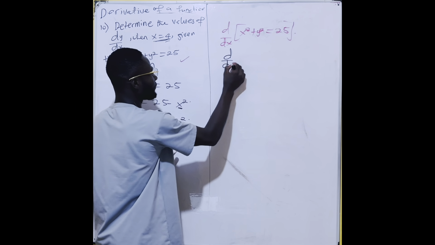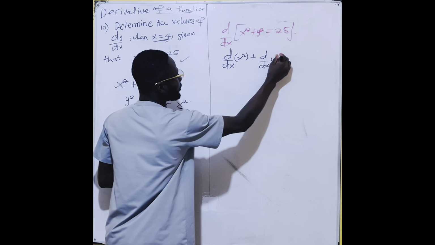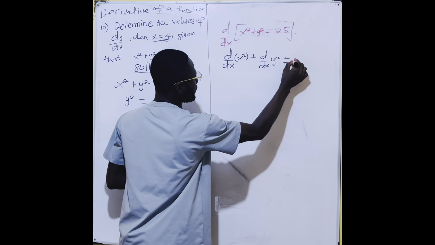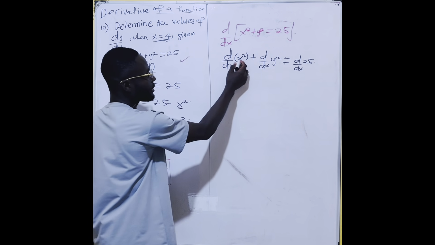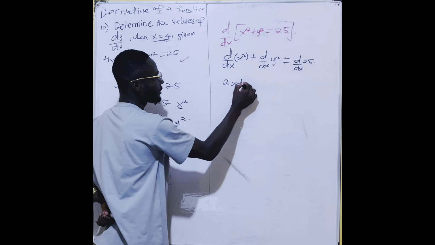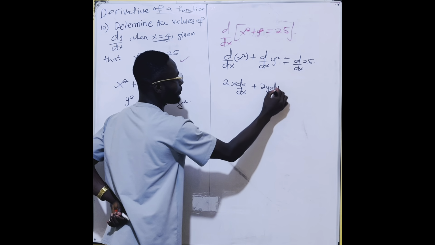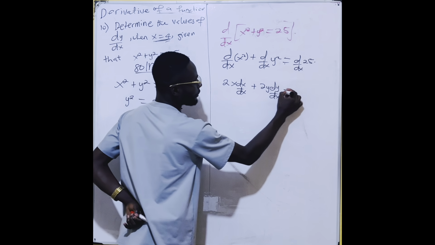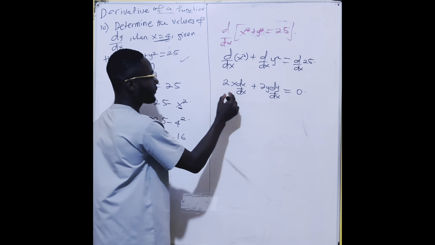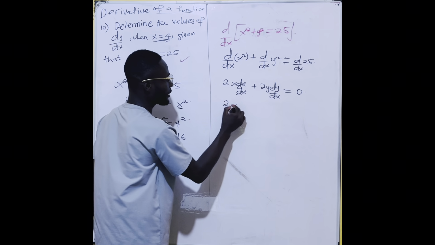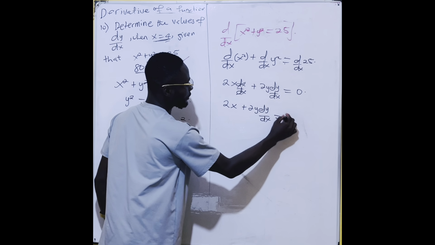So we have x squared plus y squared equals 25. So this we are going to have 2x dx over dx plus 2y dy over dx equals 0. Derivative of a constant is 0. Now, this takes off this, and then we have 2x plus 2y dy over dx equals 0.